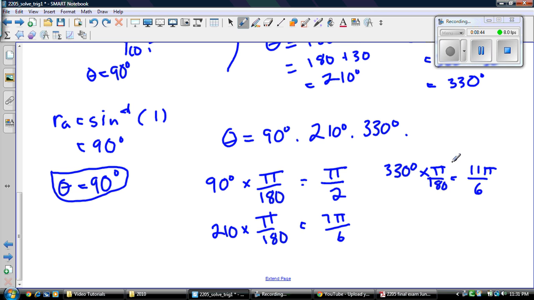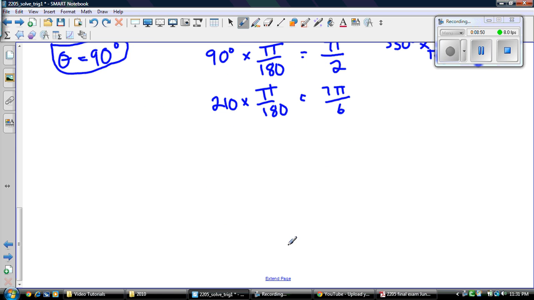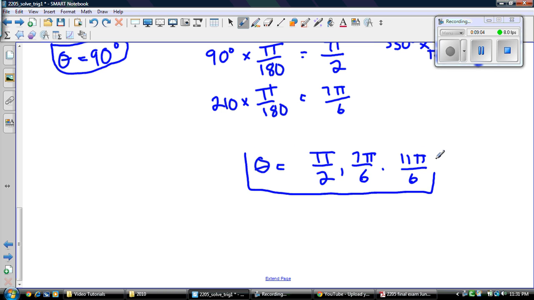So that's just the conversion factor. If we had radians and wanted to convert to degrees, multiply by 180 over pi. You present your final answer in terms of pi. So my final answer is pi over 2, 7 pi over 6, and 11 pi over 6.